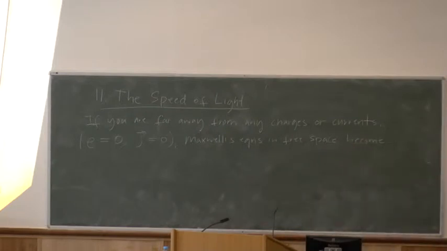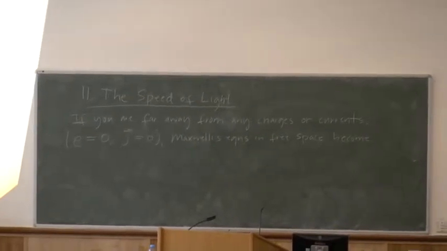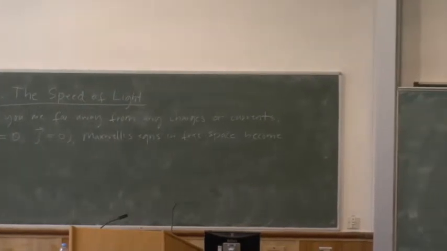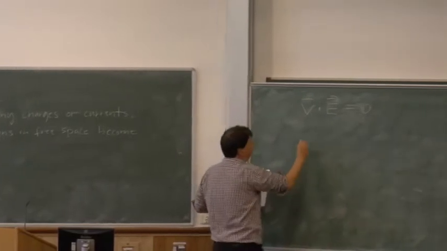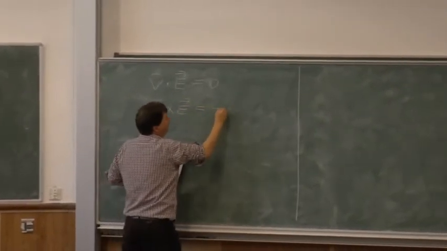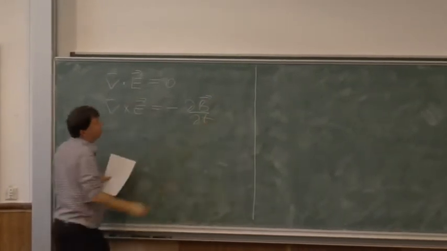We've got del dot E is equal to 0. This is a long way away from all of the charges, so the divergence of the electric field has gone to 0. Faraday's law is still always true.